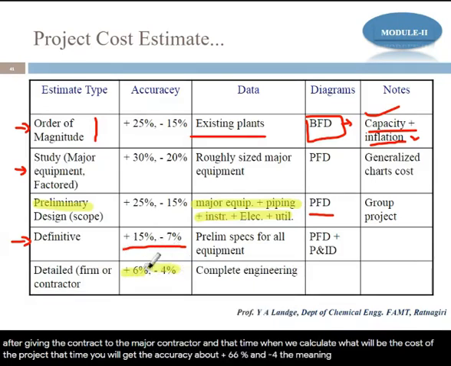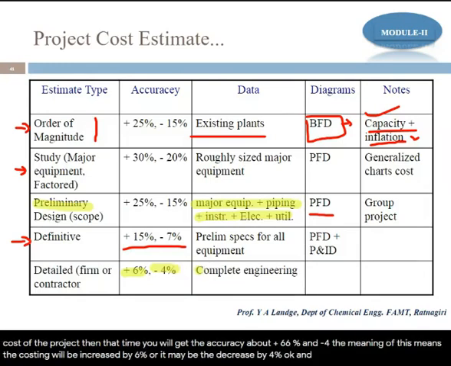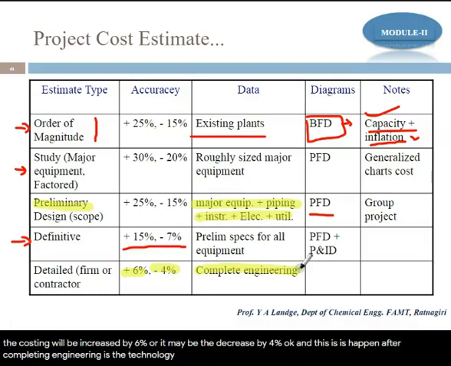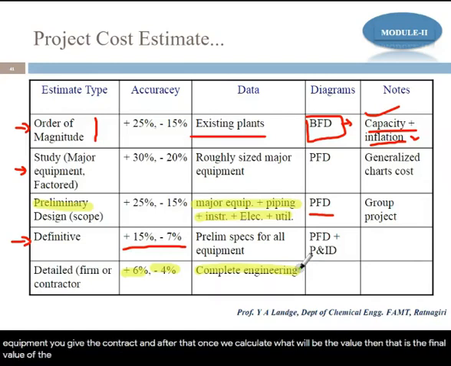The meaning of this is that the cost may increase by 6%, or it may decrease by 4%. This happens after complete engineering, meaning the technology is over and the specification is done; you give the order for the equipment, you give the contracts, and after that, once you calculate the value, that is the final value of the project cost.